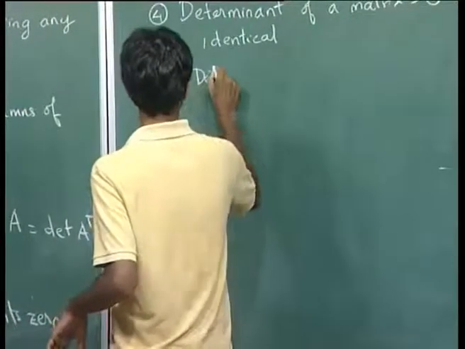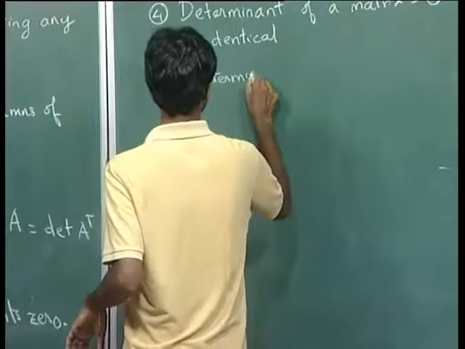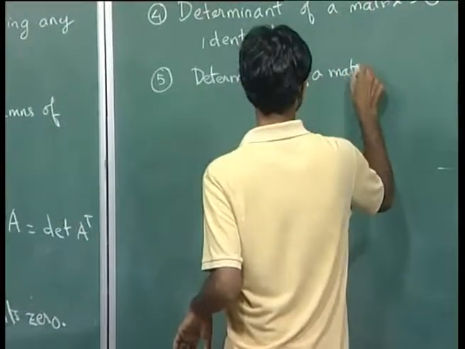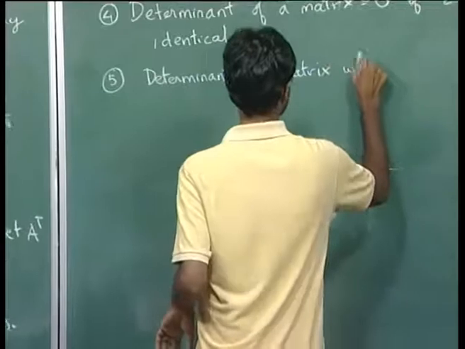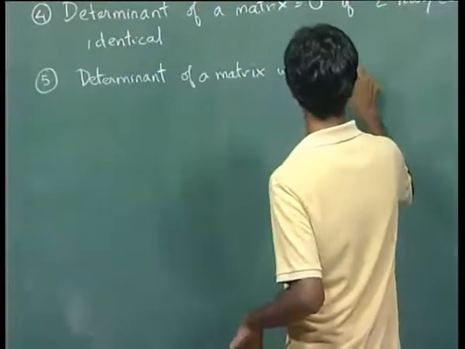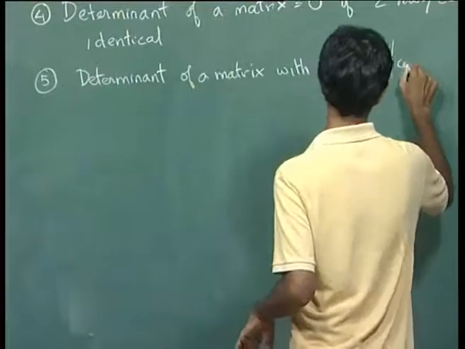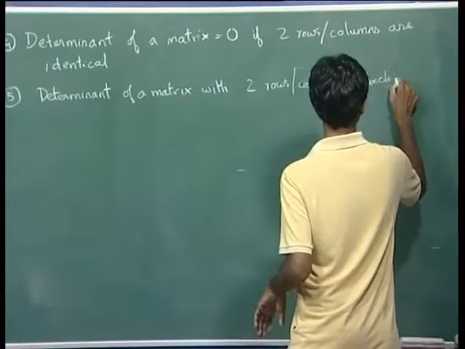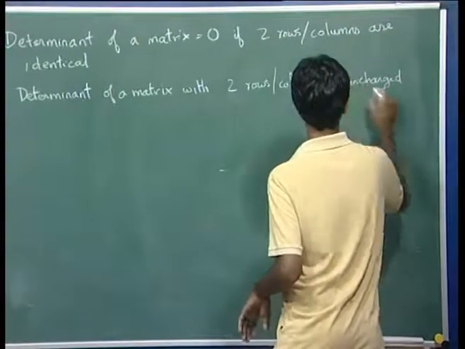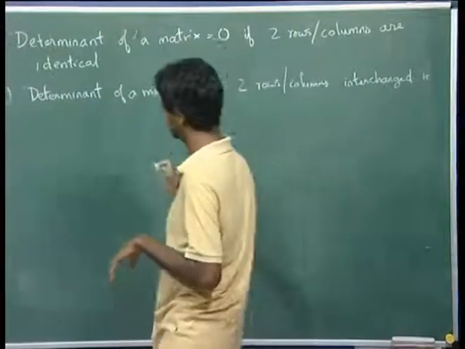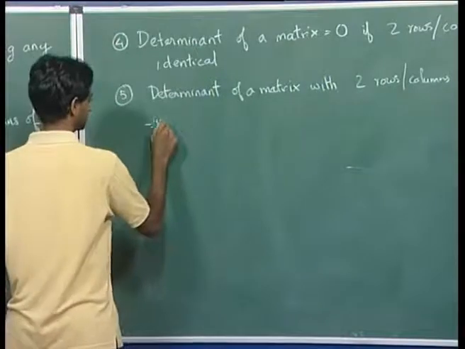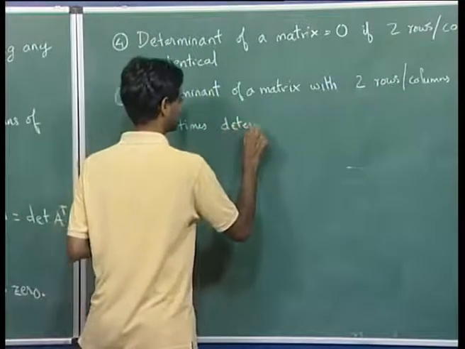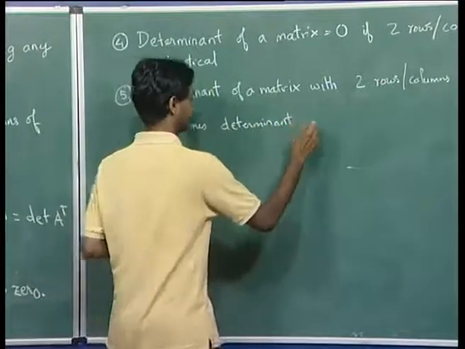Next, the determinant of a matrix with two rows or columns interchanged is minus 1 times the determinant of the original matrix.